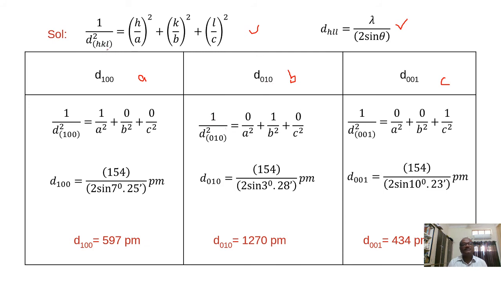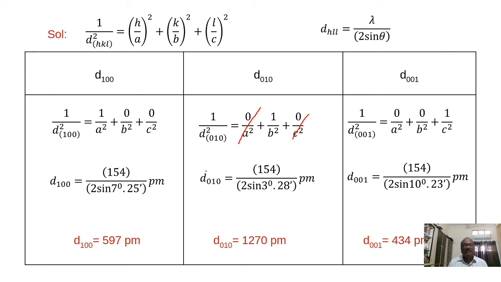So we use this formula: 1 by d square 010 is equal to 0 by a square, h value is 0, plus 1 by b square, k value is 1, plus 0 by c square, l value is 0. So these values become 0, and 1 by d square is equal to 1 by b square, meaning d becomes equal to b.